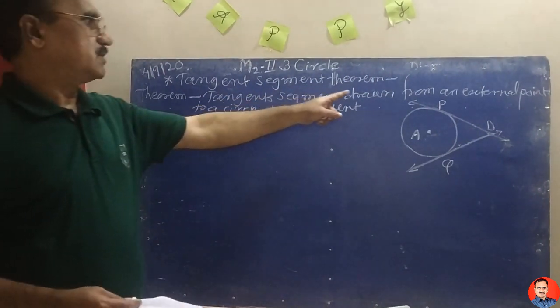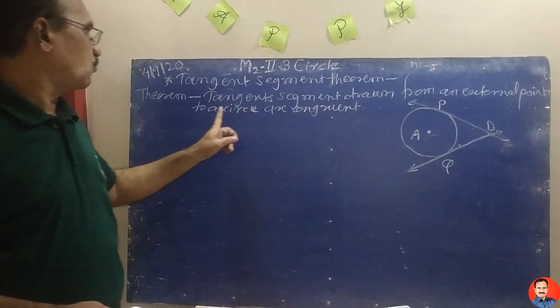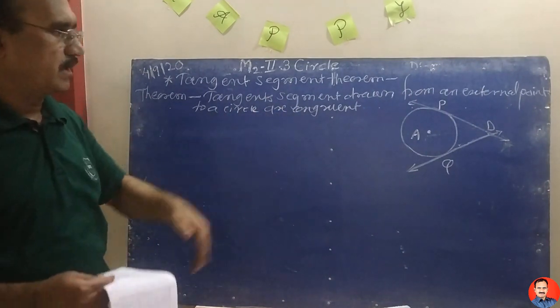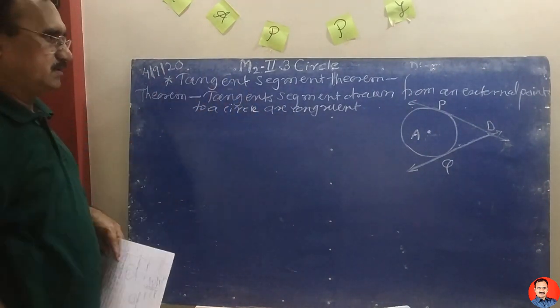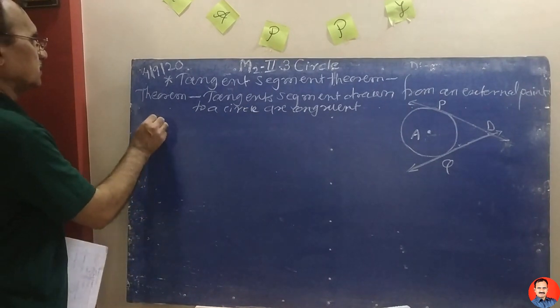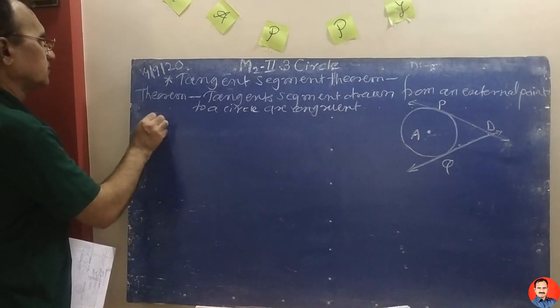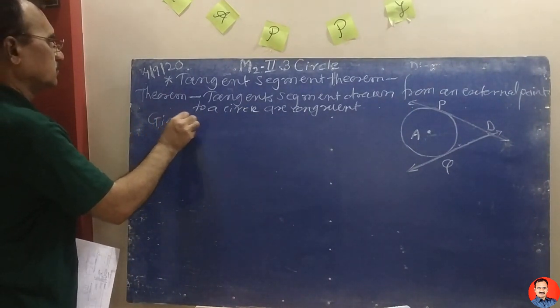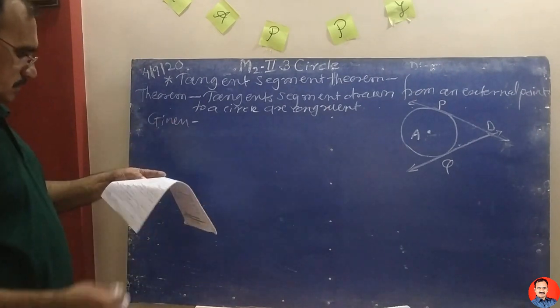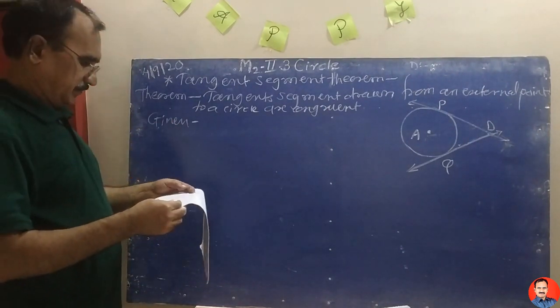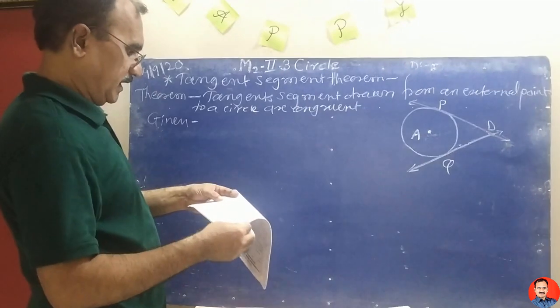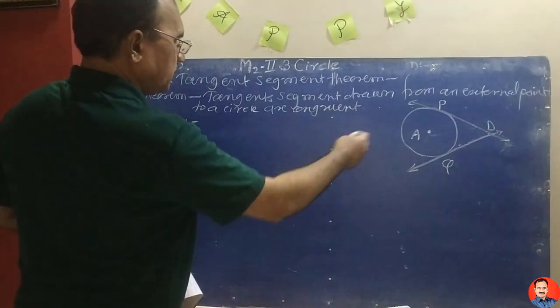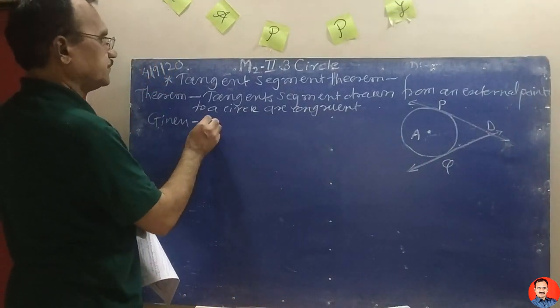Tangent segments drawn from an external point to the circle are congruent. This is the figure for this theorem. Then what is given? A centered circle, PD and QD are the tangents. See this in the figure, and this is given.